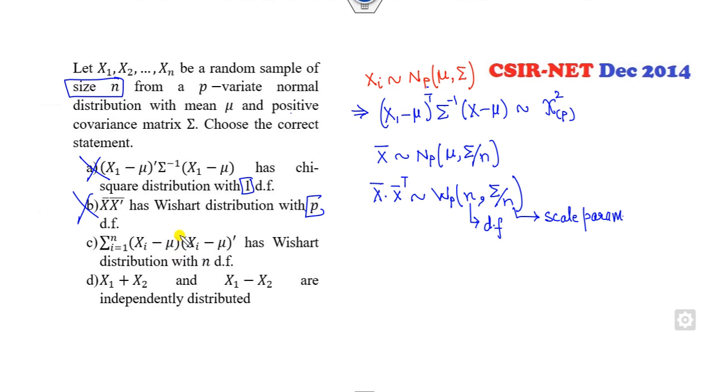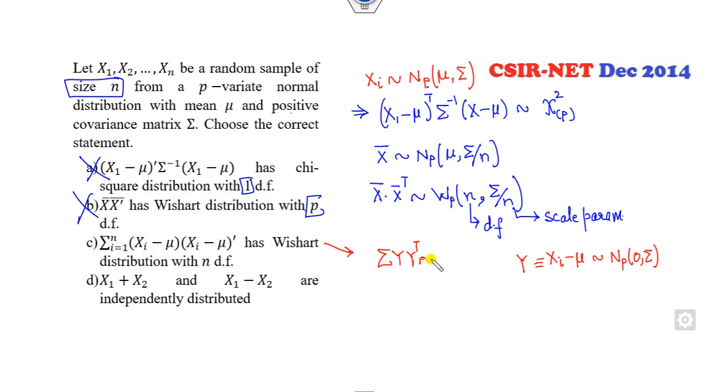Now in this case you can see sigma is missing, but what is that? I can see again this value is nothing but xi minus mu. It follows my normal distribution with 0 comma sigma. Then if I consider this is my y, then this quantity is my y y transpose.